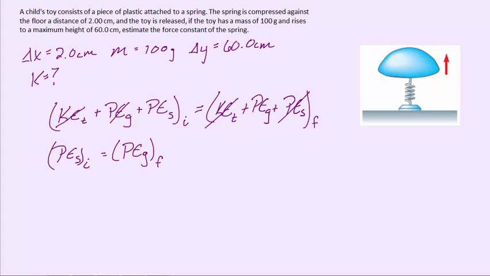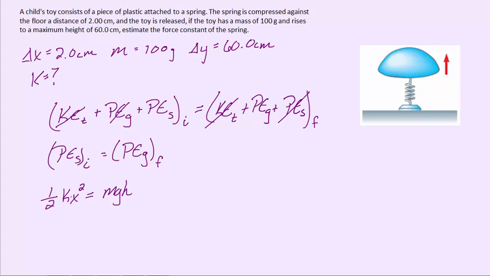And so we can expand our equation now, knowing that the potential energy of a spring is equal to 1/2 our spring constant multiplied by our displacement squared is equal to our potential energy of gravity, which can be expressed as our mass multiplied by our gravity times our change in height.